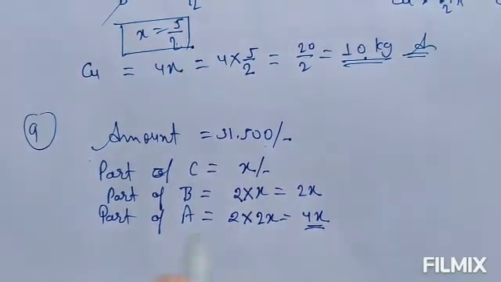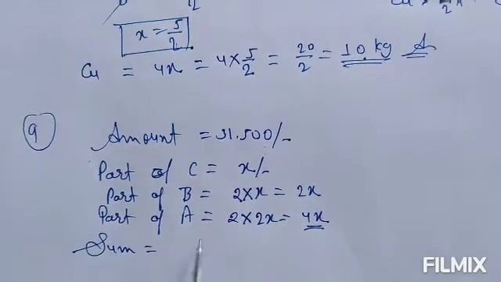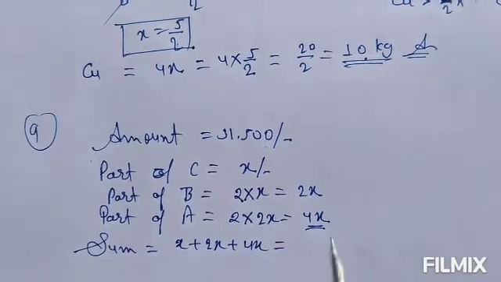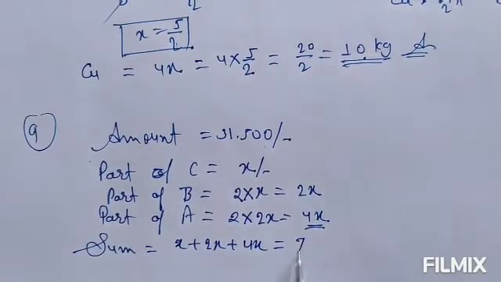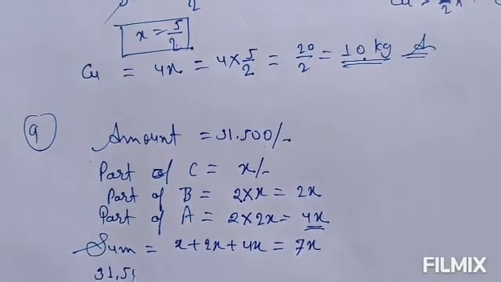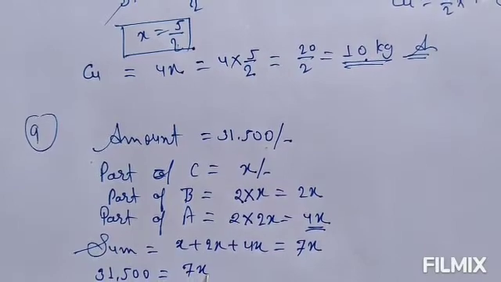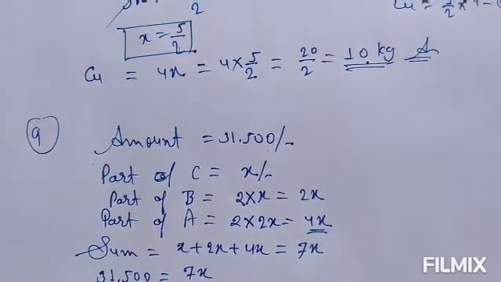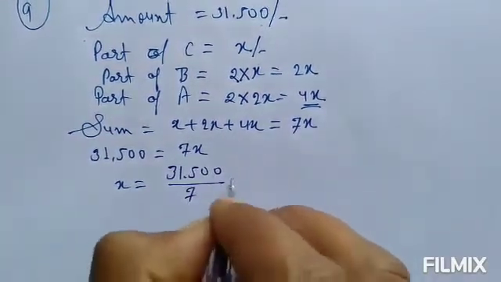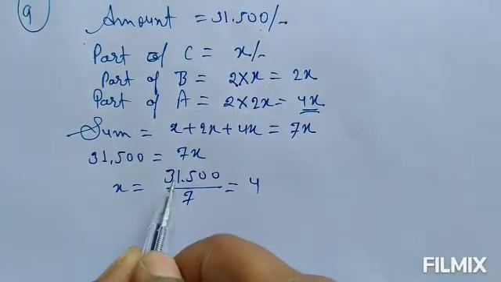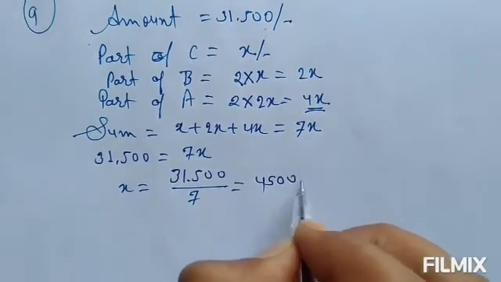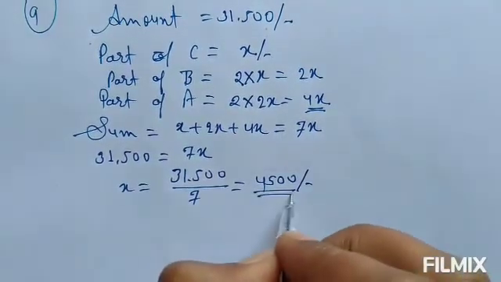Now the sum of these values: x plus 2x plus 4x, means 7x. Then the sum is also equal to 31,500, so 7x equals 31,500. Then the value of x equals 31,500 divided by 7, which is 4,500. This is the value of x.